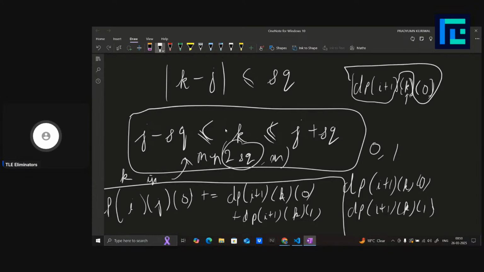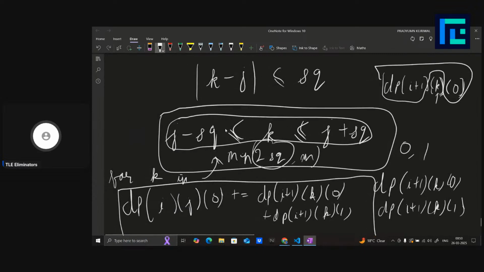So in that array, you have to perform a range sum for k in this range, right? Do you all get it?